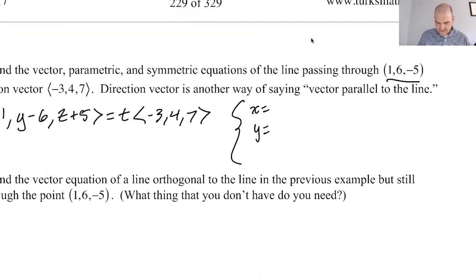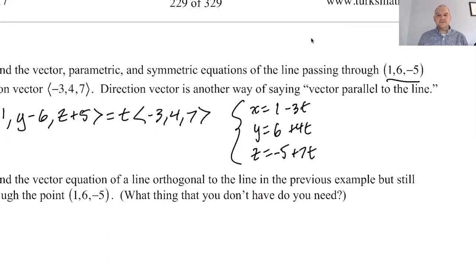I'm gonna write it as if I hadn't previously done the prior problem, whatever. 1, 6, -5, minus 3t, plus 4t, plus 7t. There you go. Couldn't be simpler than that one.